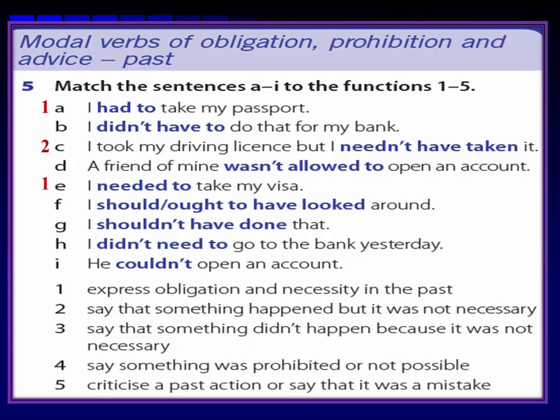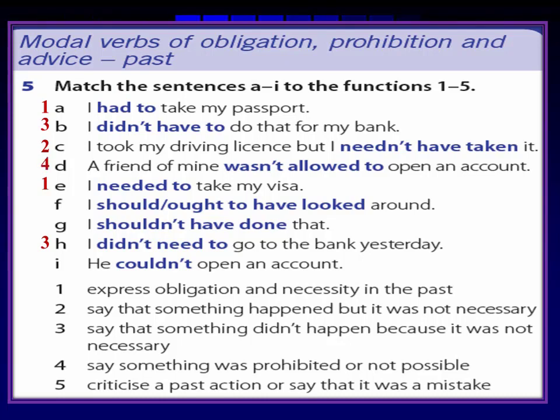What about 3? Say that something didn't happen because it wasn't necessary. We have here 2 sentences. The first one, I didn't have to, and the second one, I didn't need to. What about 4? Say something was prohibited or not possible. If something was prohibited or not possible, what are the modal verbs that can be used?